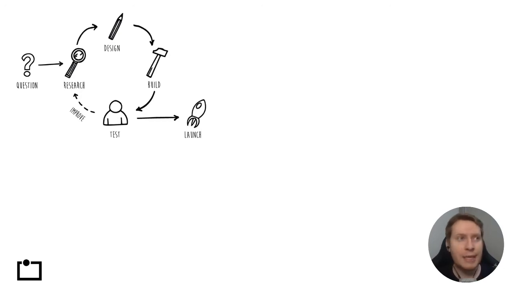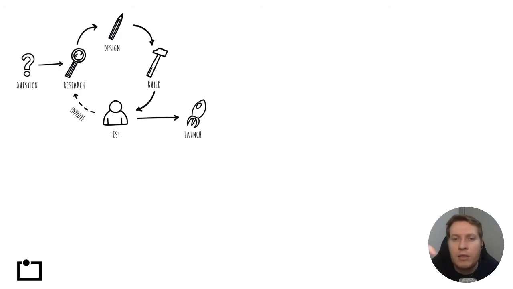Then we're going to design a solution or a blueprint for that problem or for that solution, and then we're going to build that, and then we're going to test with the user or with the person who is going to use it, and at the end we're going to launch the product or the service that we are building.